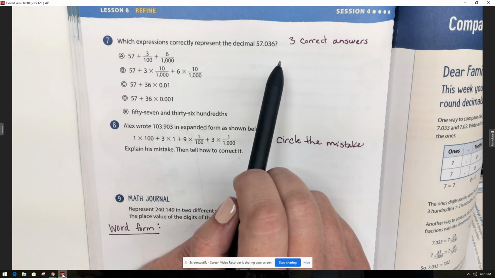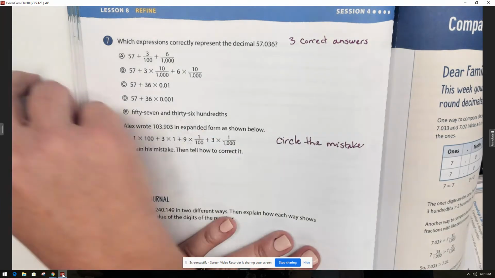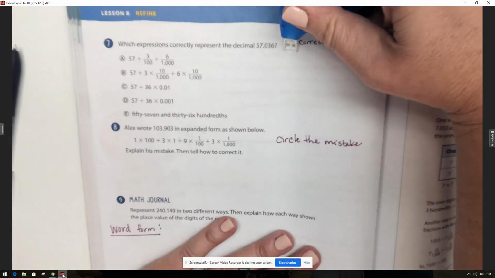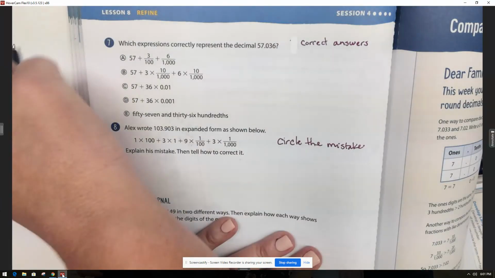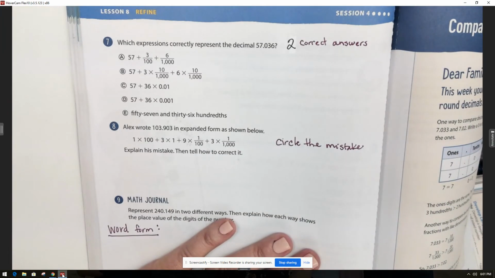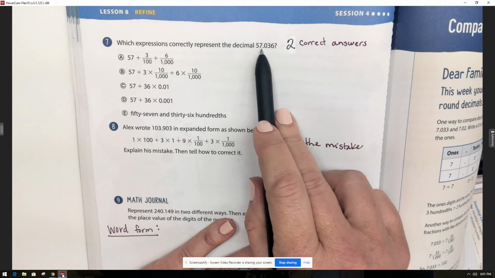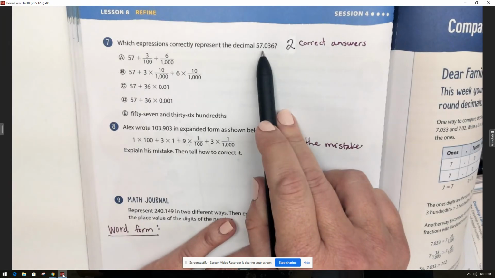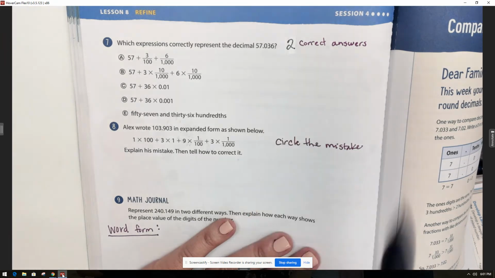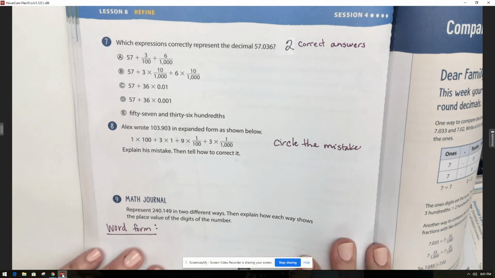There are only 2 correct answers. 57 decimal point 036. Now I gotta double check myself. I'm looking at it real quick. Yes, there are only 2 correct answers.